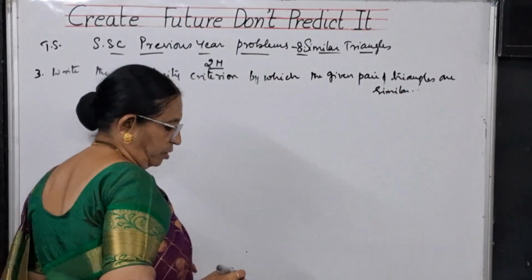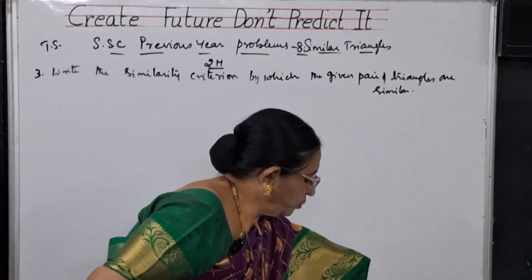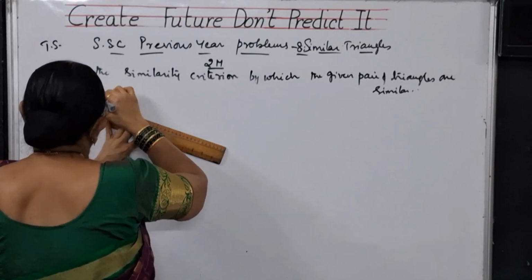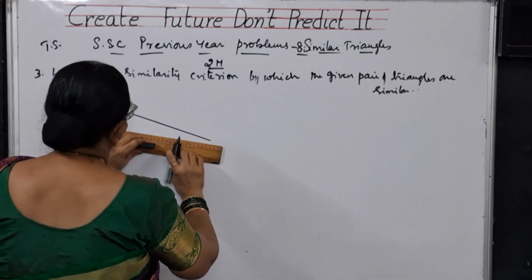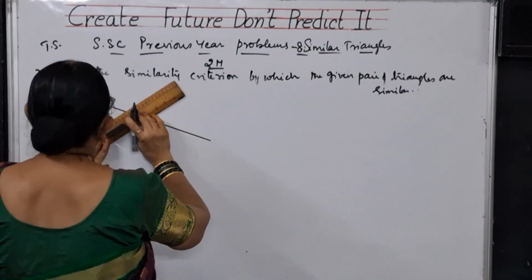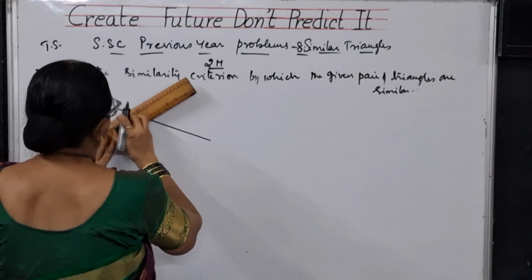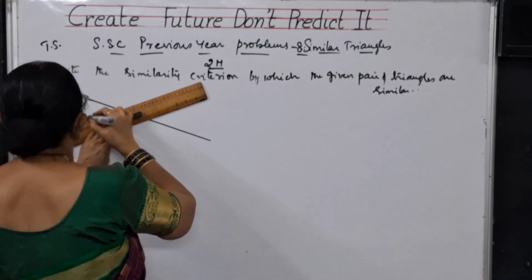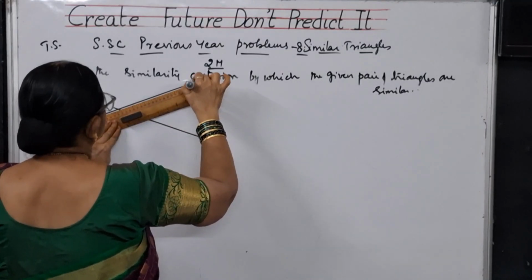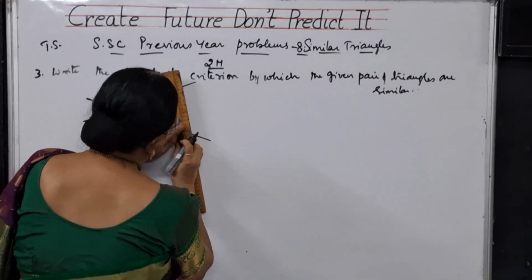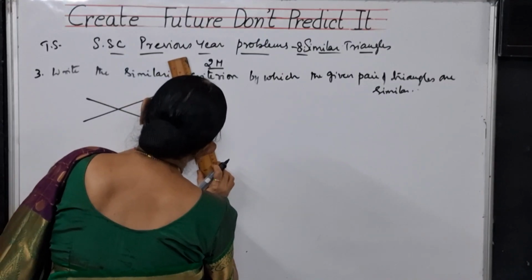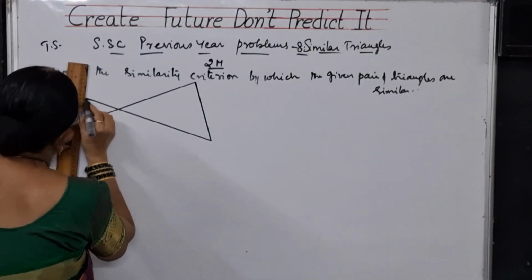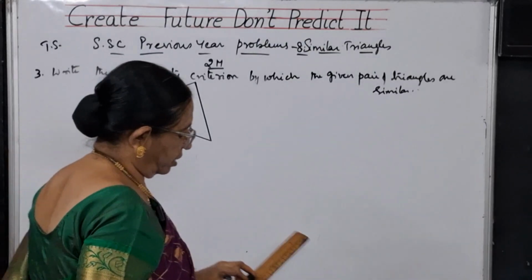This is the question. You have got two triangles given to you. So, this will be one triangle and this is another triangle.